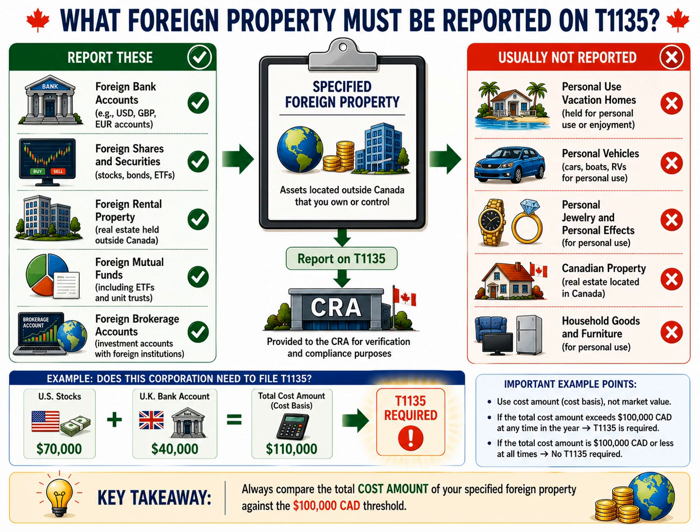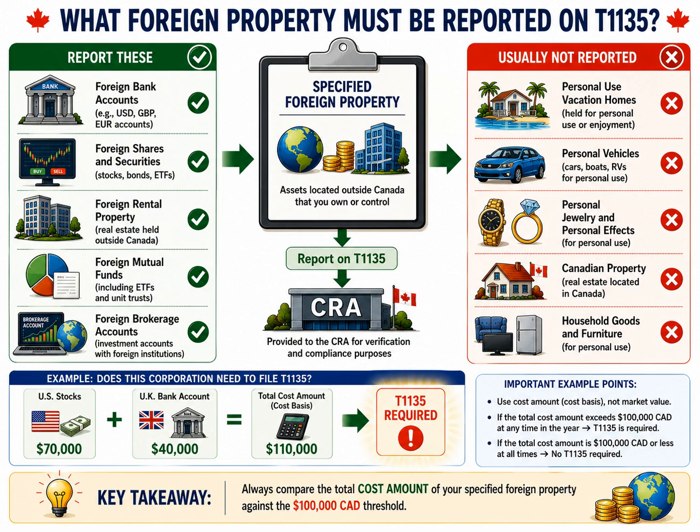However, not every foreign asset is reported. The panel on the right highlights several common examples that are generally not reported on T1135. These include a vacation home that is used primarily for personal enjoyment, personal vehicles, jewelry and other personal use property, Canadian real estate, and ordinary household goods.